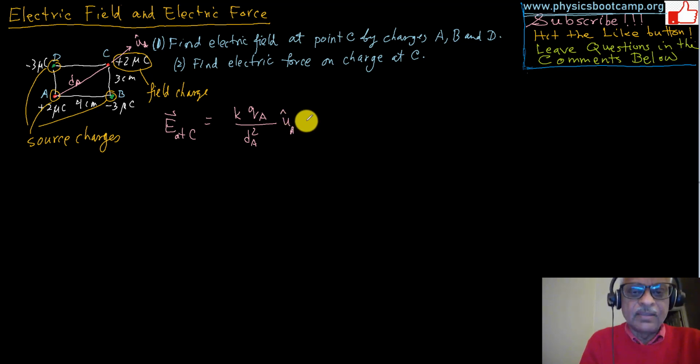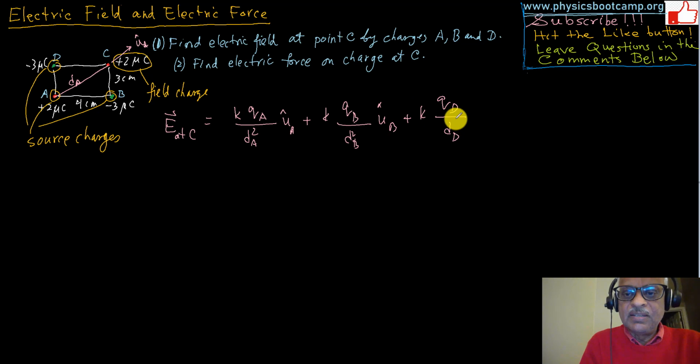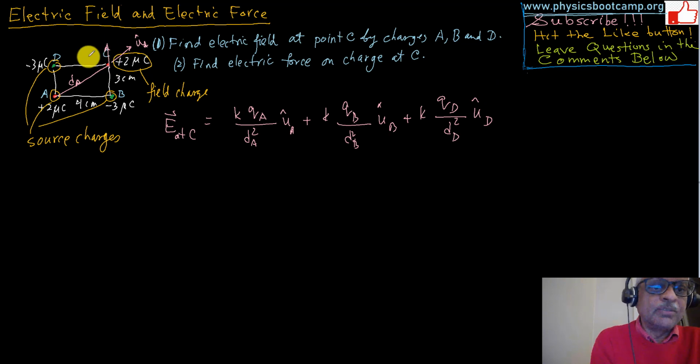u hat a, plus k qb over db squared u hat b, plus k qd over dd squared u hat d. From B it's going to be that direction, from D that direction.